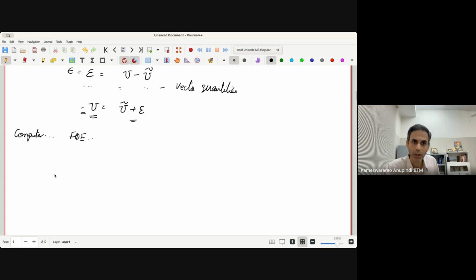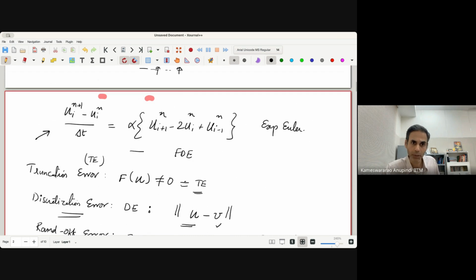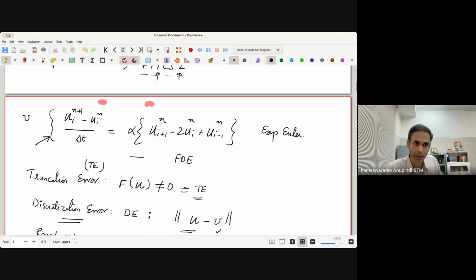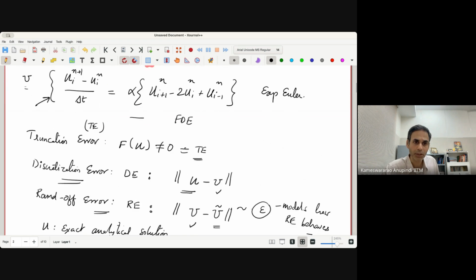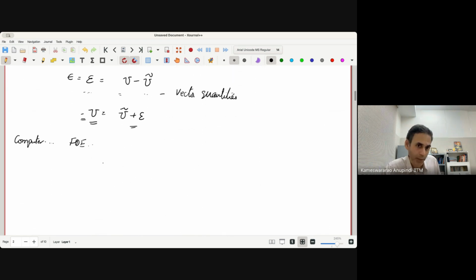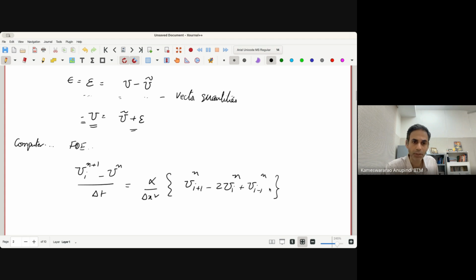That means I can write the equation that capital U satisfies, because when you solve this equation on a finite precision computer, U is going to satisfy it: U I at n plus 1 minus U I at n divided by delta t equals alpha by delta x square, times U I plus 1 minus 2 times U I plus U I minus 1, all of them at nth time level on the right hand side. Okay, so that's what we have.